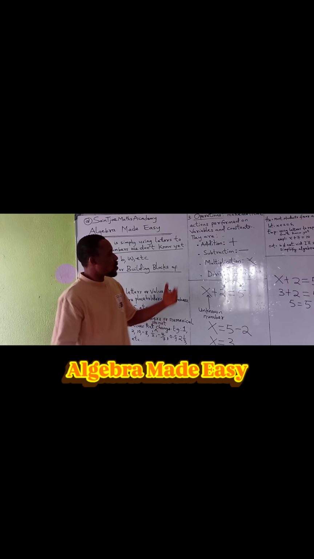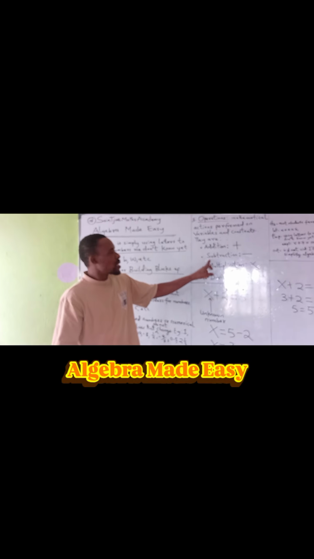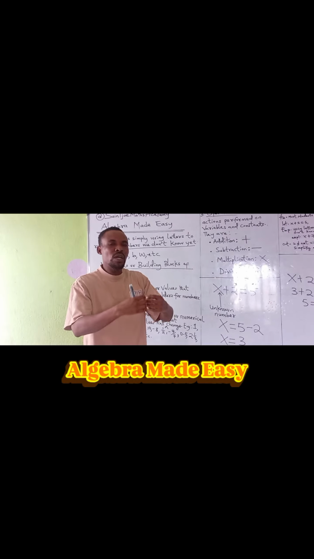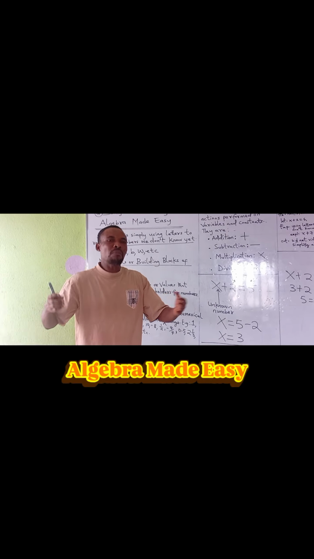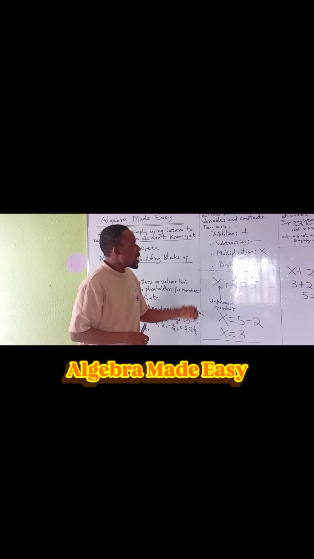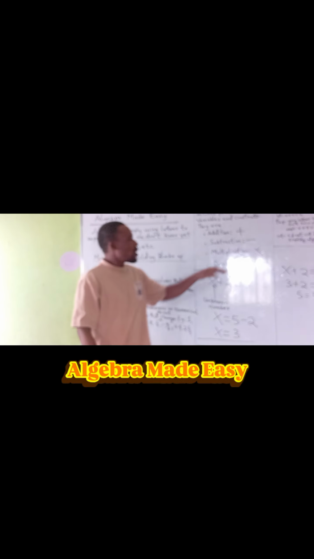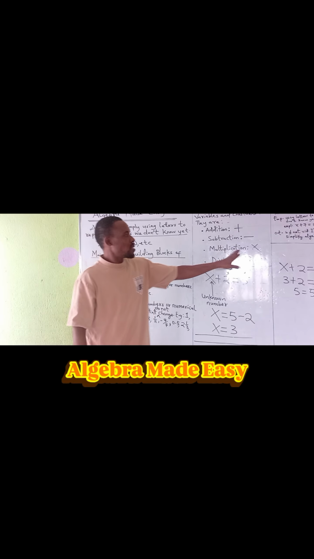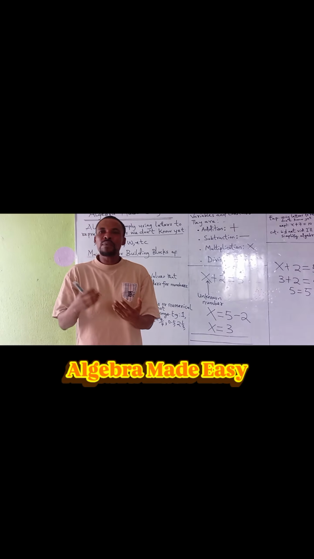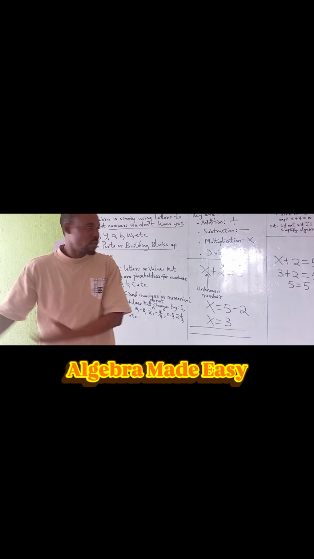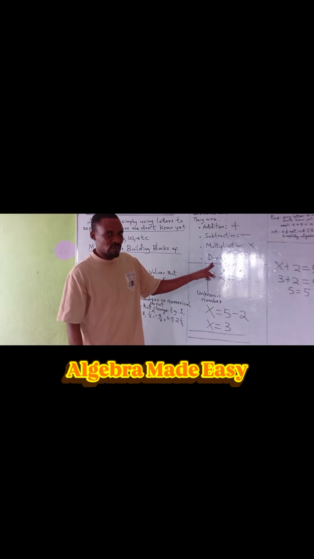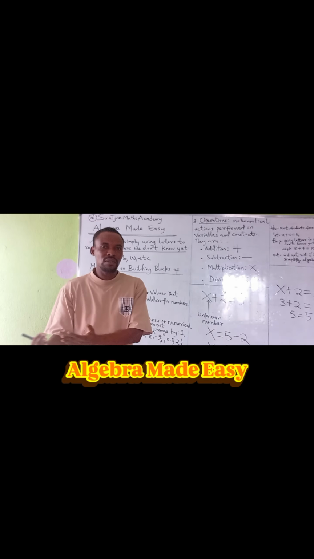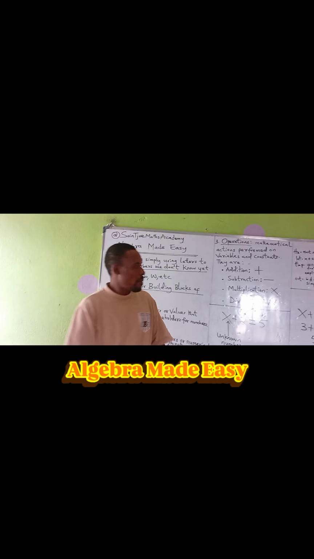Again, we have what we call subtraction, right? Subtraction means to take things away from some other things, right? This is the symbol. Now we have multiplication. This is the symbol. Multiplication simply means repeated addition. Now we have what? Division. Division actually means sharing things into several parts.